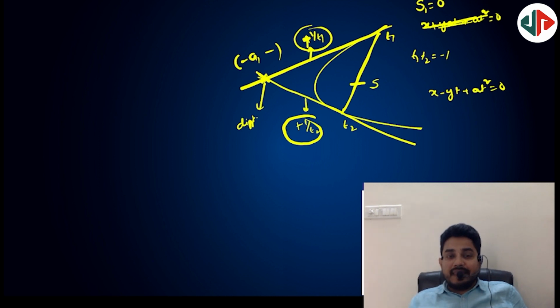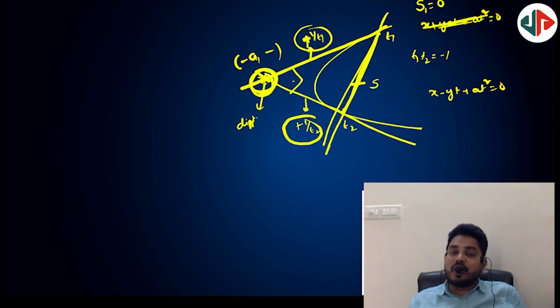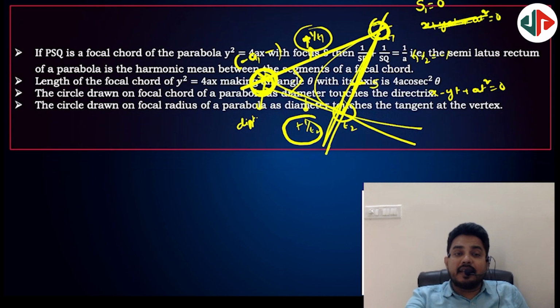So if this is a point on the directrix, this angle is 90 degrees. Or if this is the focal chord, this is 90 degrees. So the chord of contact of a point on the directrix is a focal chord. Tangents drawn at the end points of the focal chord always intersect on the directrix perpendicularly.